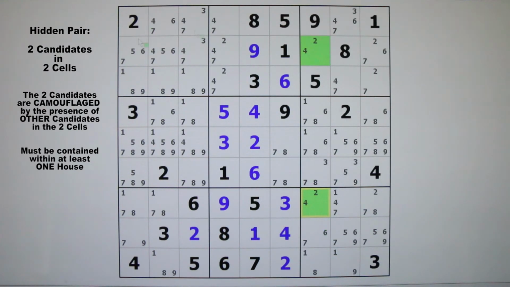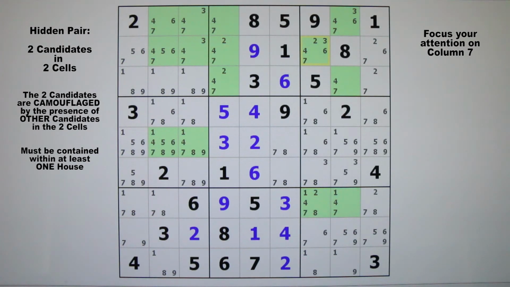Let's go back, put those candidates back in there, and uncolor these cells. Now when you're using filters and cycling through the candidates, if you happen to notice that there are just 2 instances of a certain candidate, put that in the back of your mind, and then when you're looking for a different candidate, you see those same 2 cells are lit up, then you know that's a hidden pair. For instance, if you turn on the filter for 4, you see in column 7 there are only 2 instances of candidate 4.